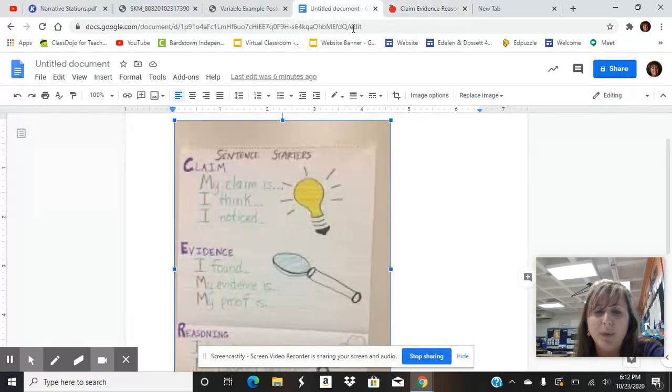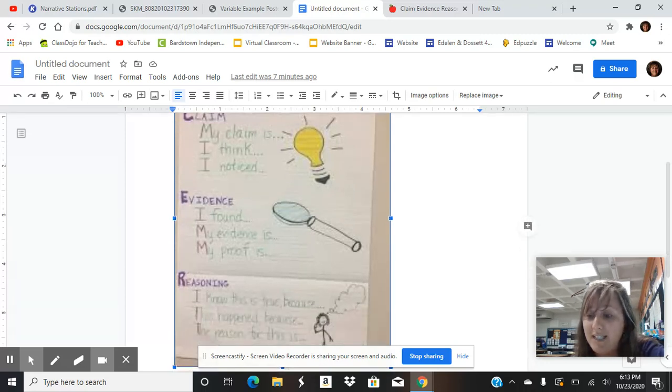We're also going to look at this, and you do this a lot in ELA when we do RACE. So you're also going to do it when you make claims in science. For a claim, you're going to start with "My claim is..." What do you get from your experiment? What did you learn? "I think" or "I noticed" are your sentence starters for your claim. For evidence, you're going to use "I found," "My evidence is," or "My proof is."